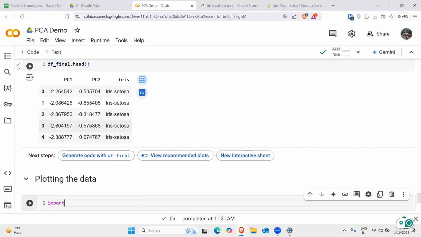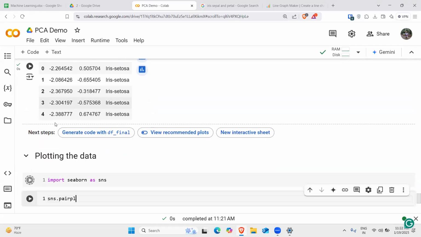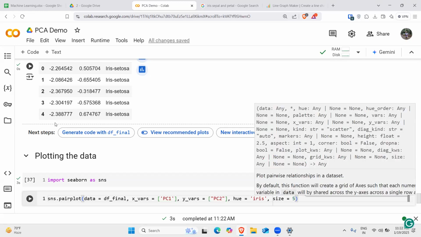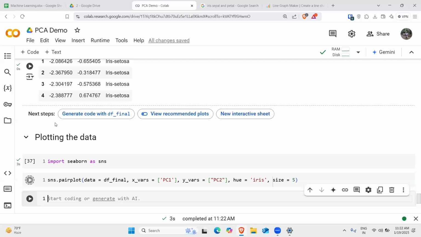And if I just write import seaborn as sns, sns.pairplot, data equal to df_final, x_vars equal to PC1, comma y_vars equal to PC2, right? And hue equal to iris, comma size of the dots that I want is this.